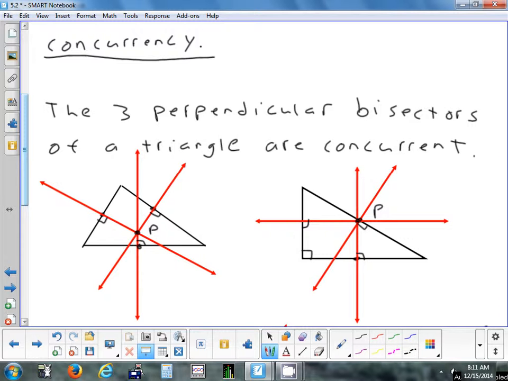So it ends up being on one of the sides of the triangle. What do you think is going to happen if I draw an obtuse triangle? Where do you think that point of concurrency will go if we continue that pattern? It was inside the triangle, it was on the edge of the triangle. Yes, it's going to be outside the triangle.